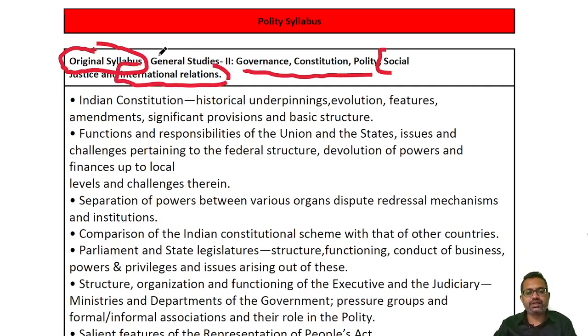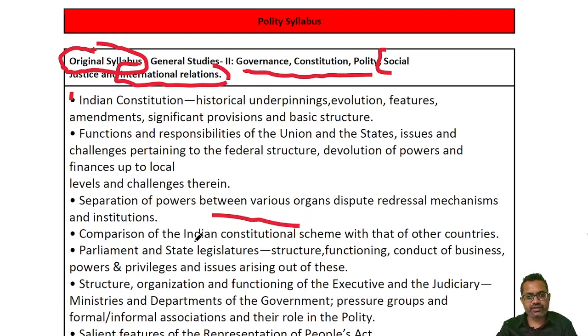So you will see that in this syllabus the first point is related to Indian Constitution, historical underpinning, evolution, features, amendment. Second is functions and responsibilities of union and states. Third is separation of power between various organs.